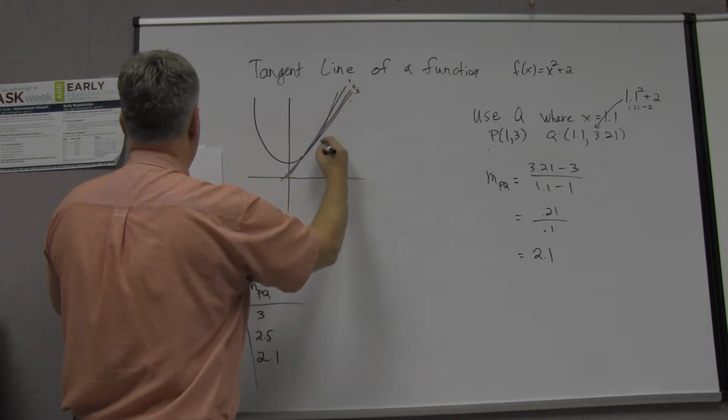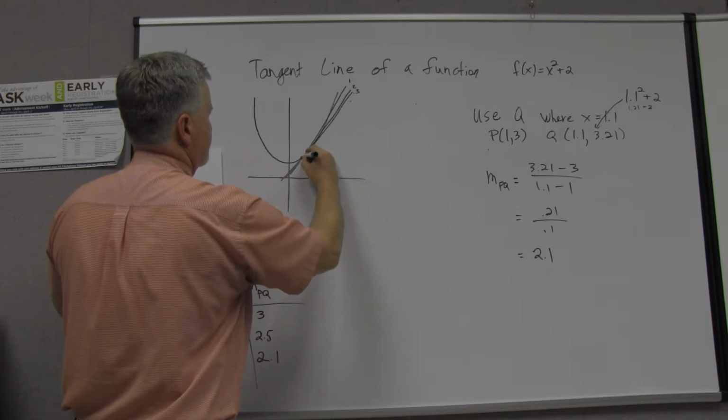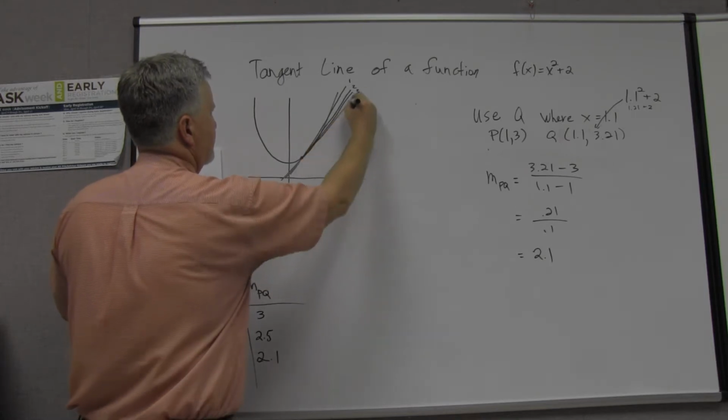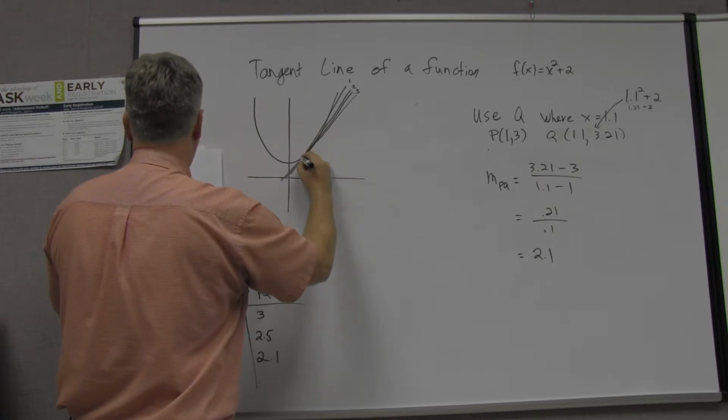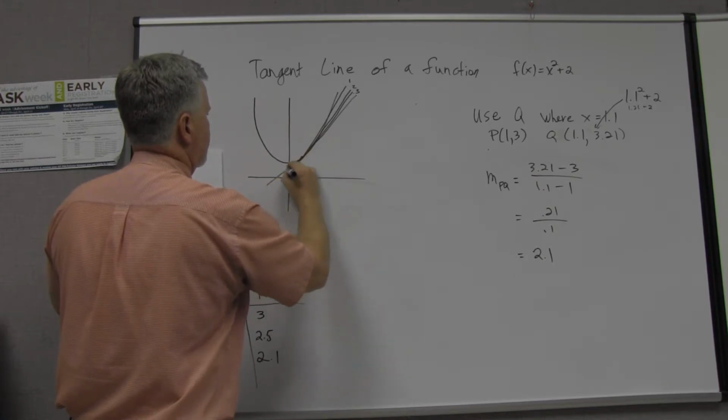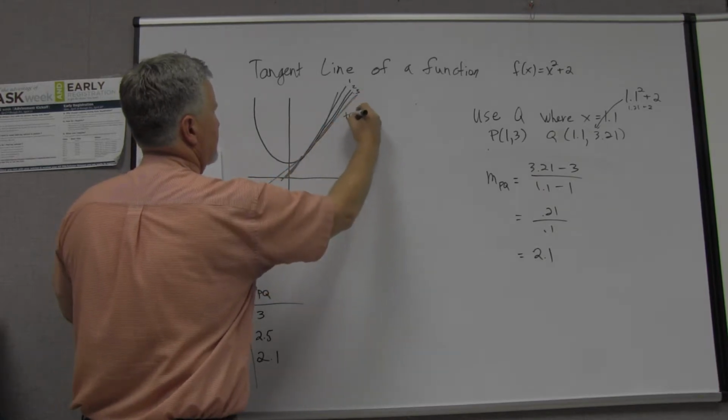And then the true tangent line, I kind of jumped ahead, but the true tangent line is really, really close to what you got there for number 3. That's the true tangent line.